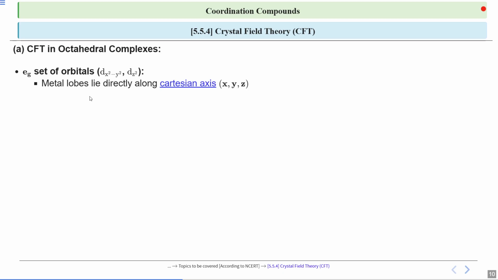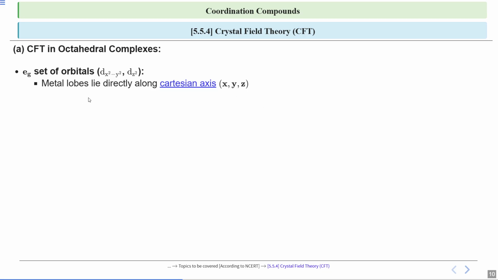If you know the shape of these two orbitals, then you know that their lobes lie along the Cartesian axes in 3D space. So dz square is along the z axis, and dx square minus y square has lobes along the x and y axes.